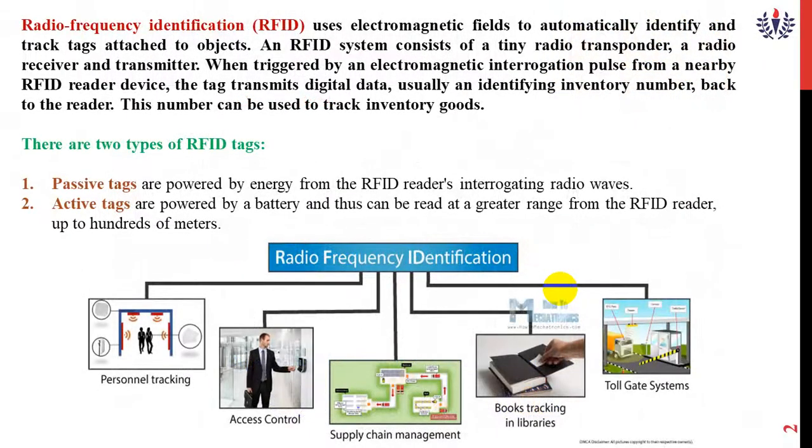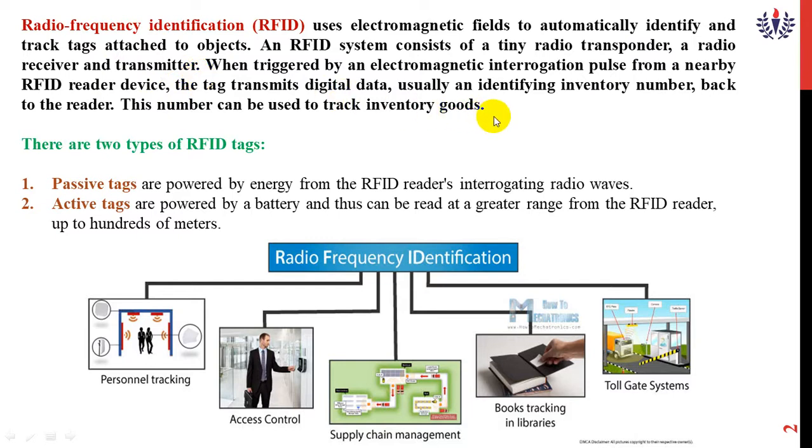You are already familiar with RFID. RFID stands for radio frequency identification. It uses electromagnetic fields to automatically identify and track tags attached to objects. RFID consists of a tiny radio transponder, a radio receiver, and a transmitter.